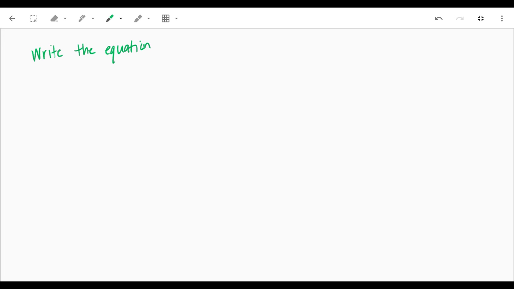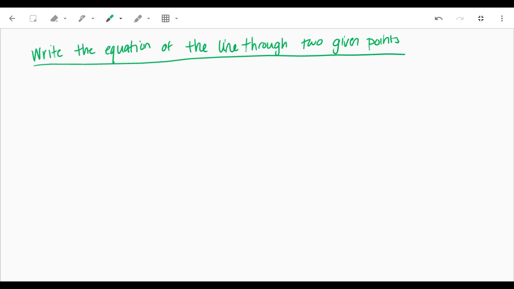We have to find the slope first, and then you can use either point to solve for b. Okay, and they actually give you the points on a graph. So they give you the graph of a line, and you just take a look at it, and they give you 2 points to use on it.